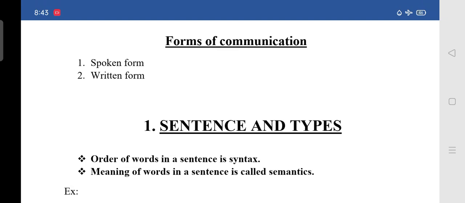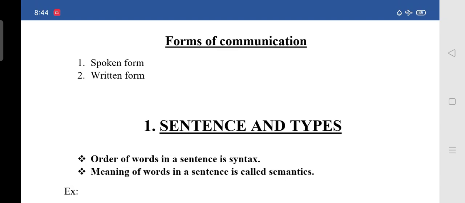And I told you before also that English is used for communication. So tell me, how many forms of communication do we have? Any idea? Yes, we have two forms of communication. One is spoken form.